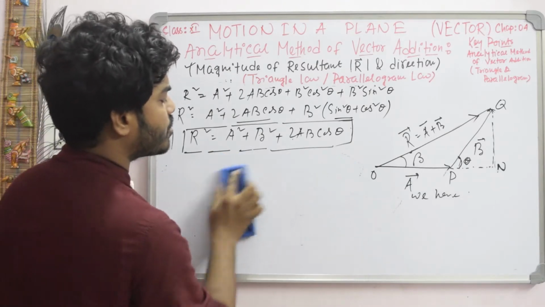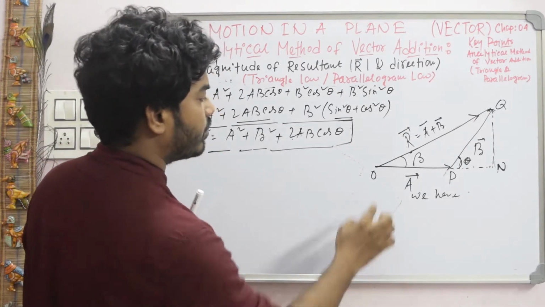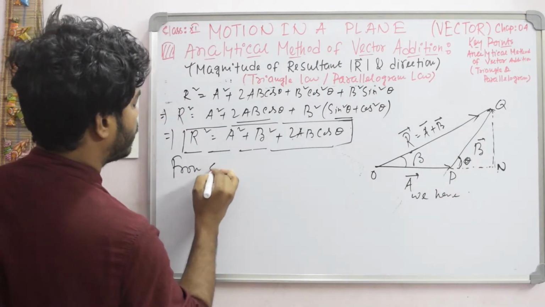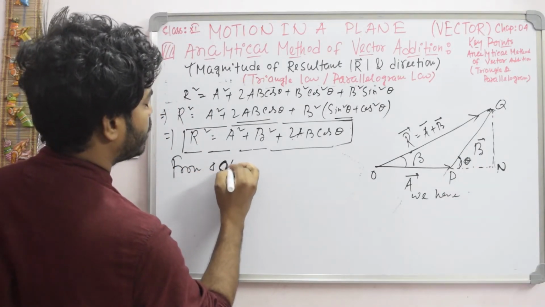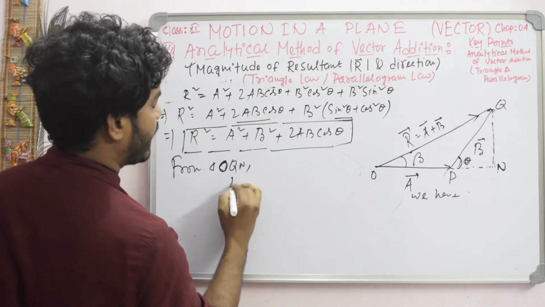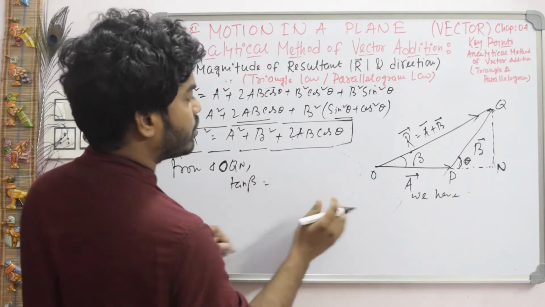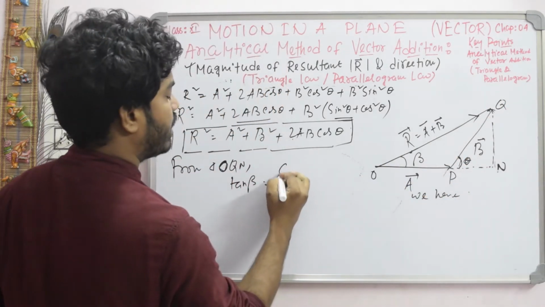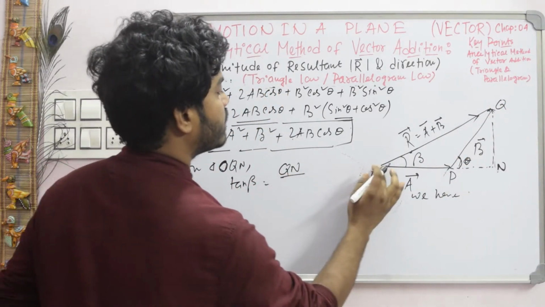So what will be the value of beta? You just use this triangle relation, from OQN: tan beta is equal to perpendicular by base. So perpendicular, that is QN, by base, that is ON.